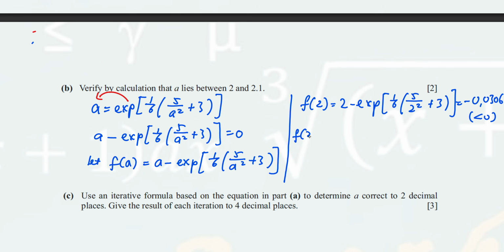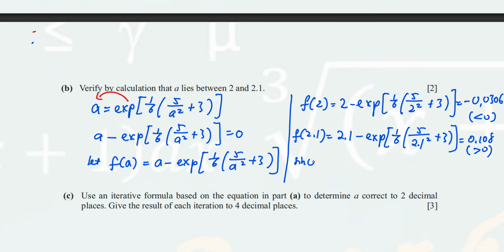And then calculate f(2.1), this is going to be 0.108, which is more than 0.